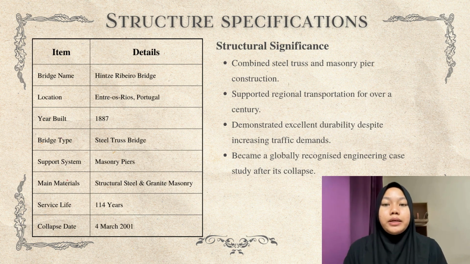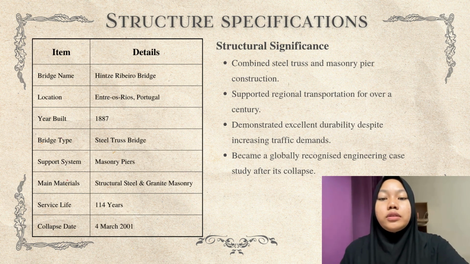Now, I will explain the structural specification of the Hintze Ribeiro Bridge. The Hintze Ribeiro Bridge was located in Entre Rios, Portugal, and was constructed in 1887. It was a steel truss bridge supported by masonry piers made from granite, masonry, and structural steel.